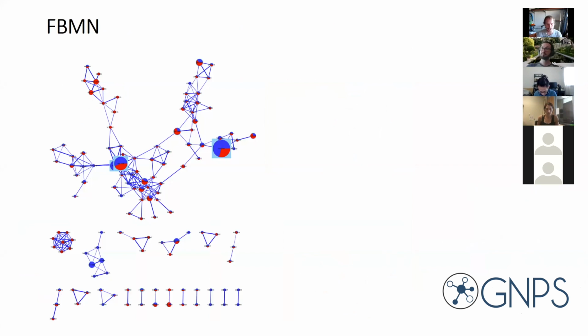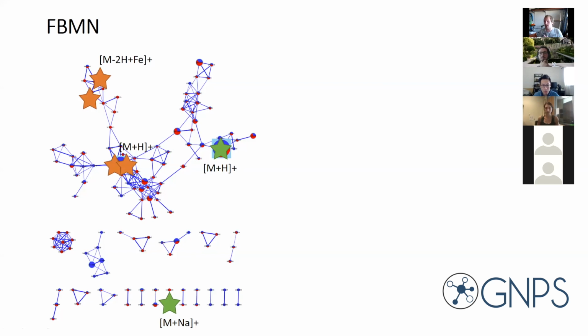So that's the example network we had. When we look at the different ion adducts, we could see that the orange ones, the iron adducts, were farther away from the M+H version of these molecules. In another case, there was an M+H, and from the very same molecule we had a sodium cluster that was elsewhere in the network.